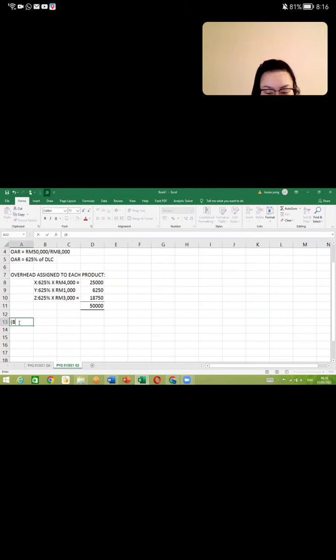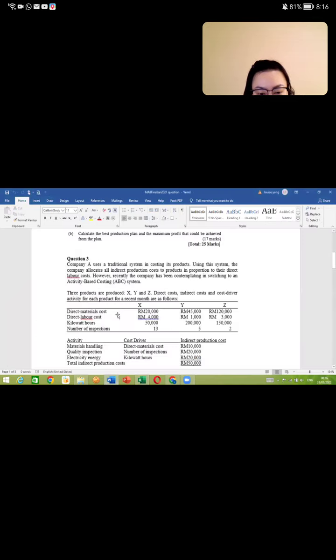Answer B. Here, of course, the question has already given you the activity cost centers. Then add your activity cost driver, then calculate your activity overhead rate, which is very simple. Material is 10,000, so what will be your cost driver? Direct material cost, so you add it up to get your total direct material cost.